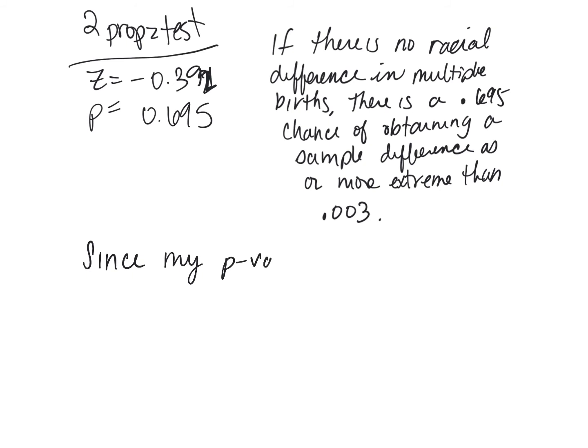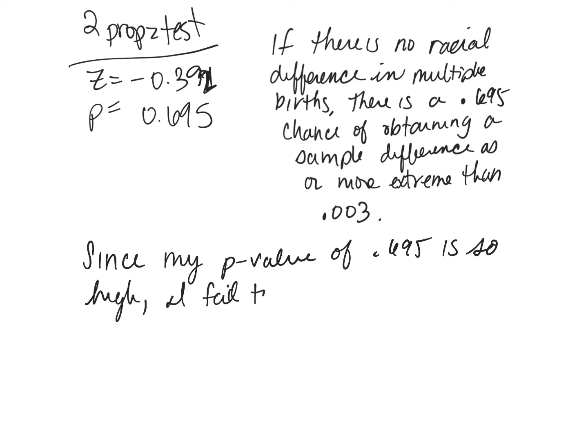Since my p-value of 0.695 is so high, I fail to reject. When it's 0.695, it's not even close to an alpha level, right? So you can say because it's so high, and if it's super, super low, like 6.2 times 10 to the negative 8, you can say because it's so low.